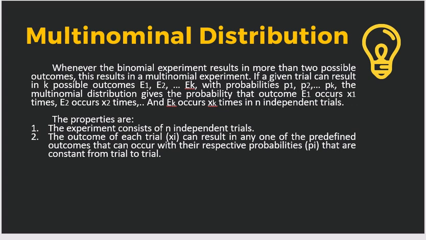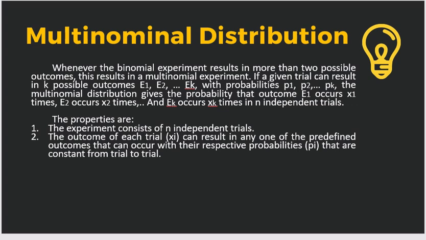If a given trial can result in k possible outcomes, e sub 1, e sub 2, and so on, with probabilities p sub 1, p sub 2, and so on, the multinomial distribution gives the probability that outcome e sub 1 occurs x sub 1 times, e sub 2 occurs x sub 2 times, and e sub k occurs x sub k times in n independent trials.